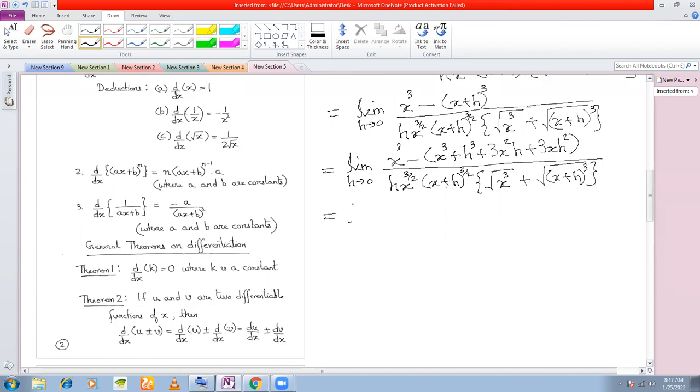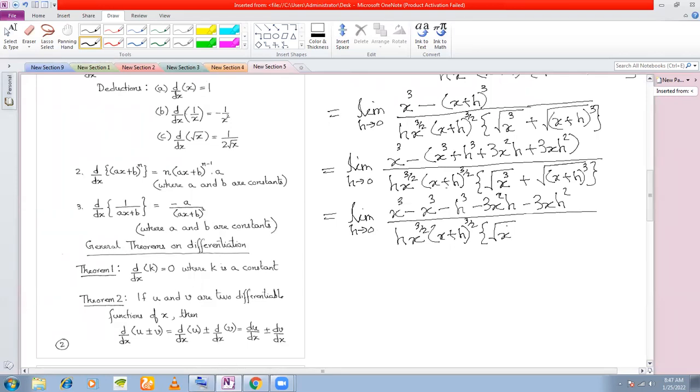So now if you see, if I open the bracket here in the numerator, we are going to get x cube minus h cube minus thrice x square h minus thrice x h square, divided by h x to the power of 3/2 into (x + h) to the power of 3/2 into square root x cube plus square root (x + h) whole cube, right?